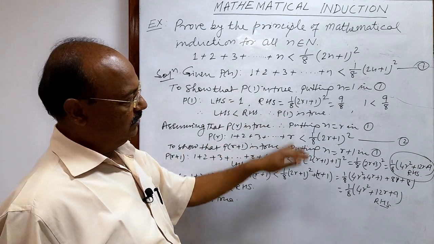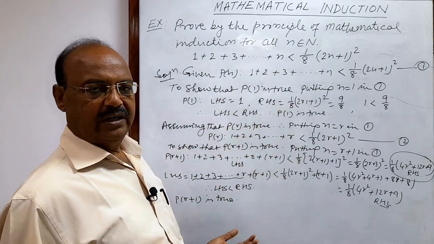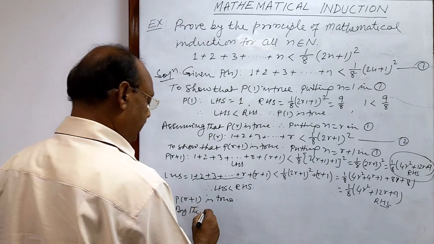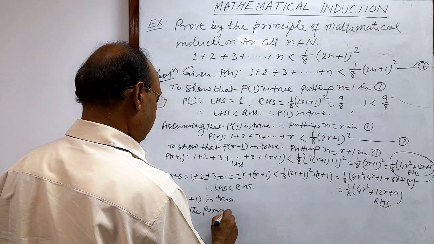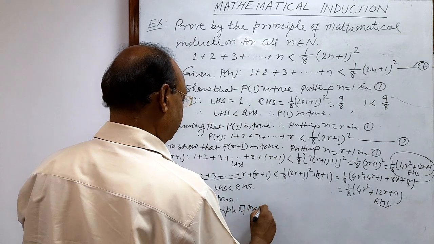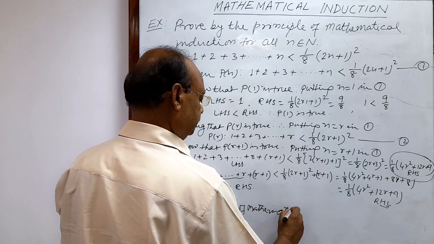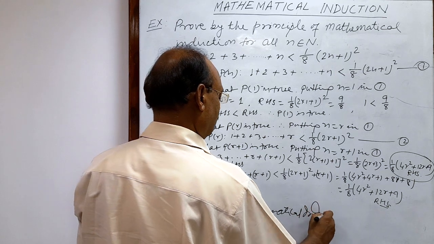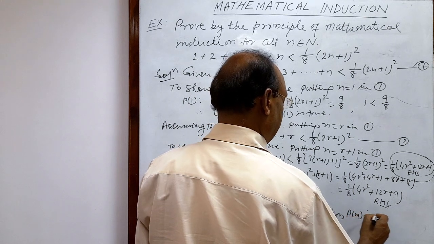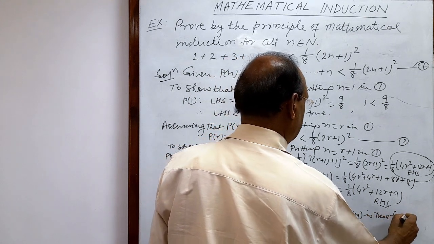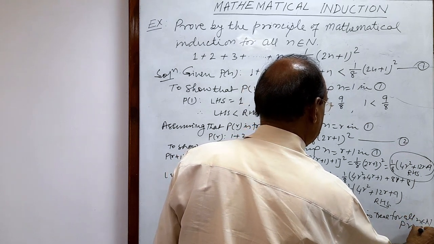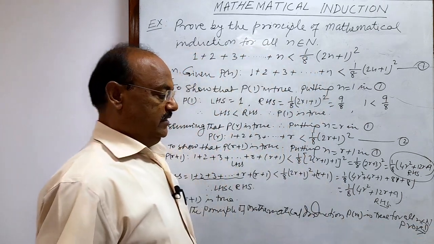So we have to complete these three steps, and after that we will write the statement that therefore by the principle of mathematical induction, Pn is true for all n belonging to the set of natural numbers. So it has been proved here. Our process is over.